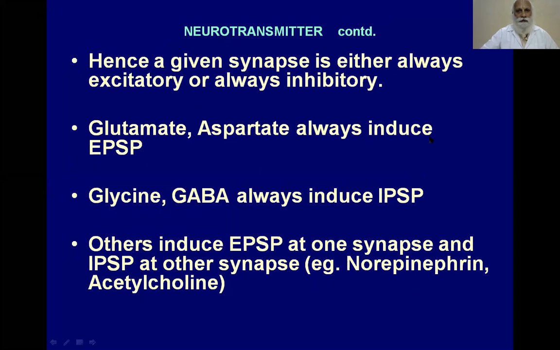Glutamate and aspartate always induce excitatory postsynaptic potentials. Glycine and GABA always induce inhibitory postsynaptic potentials. Others may do both, such as norepinephrine and acetylcholine.